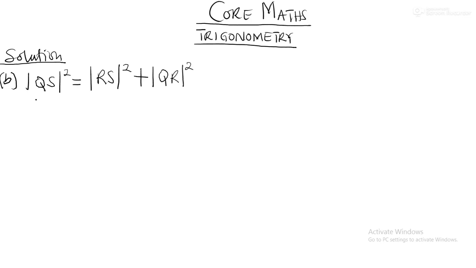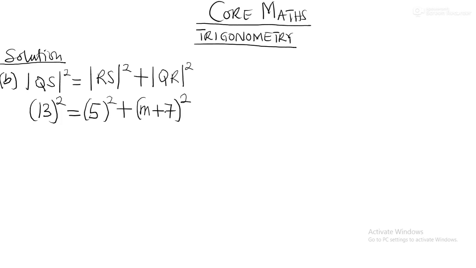So now QS was given as 13. So 13 squared is equal to RS was given as 5, so 5 squared. Then QR was given as m plus 7. So m plus 7 all squared.